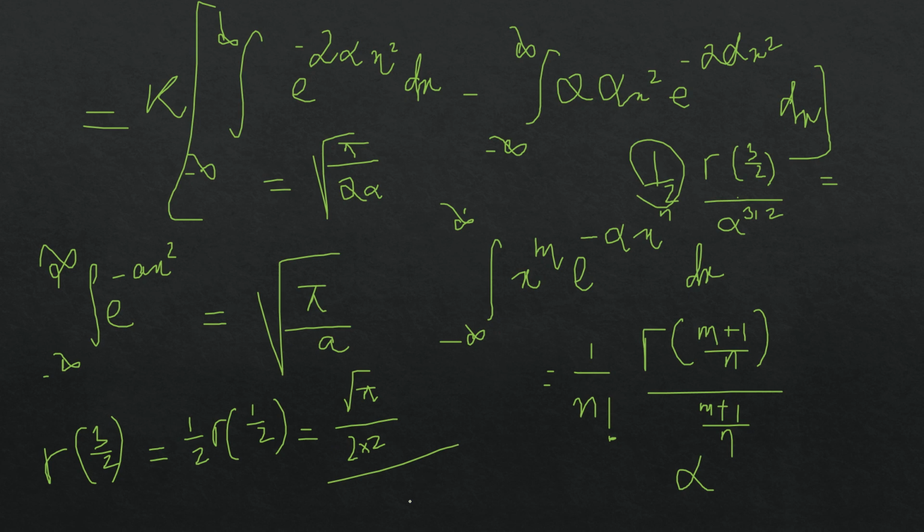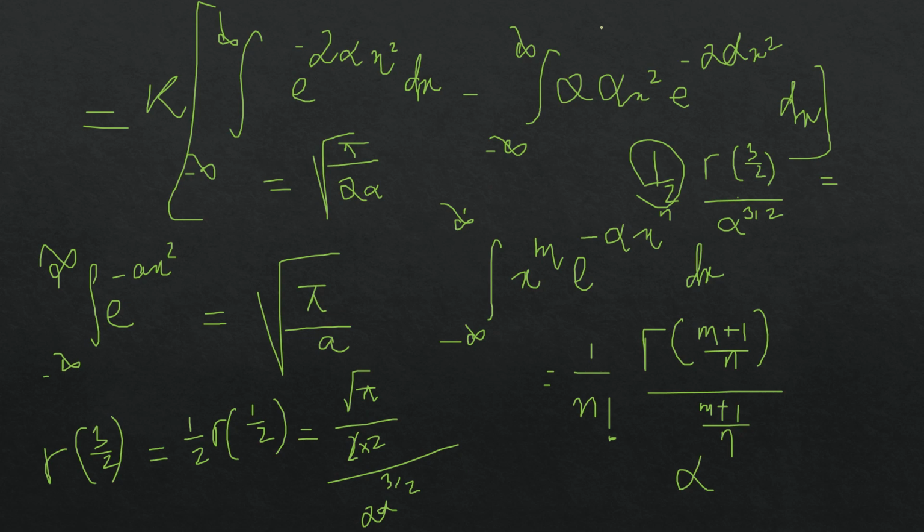Here alpha is what actually? 2 alpha. So 2 alpha to the power 3 by 2. No, this won't be cancelled. Okay, so we'll just put the values here.